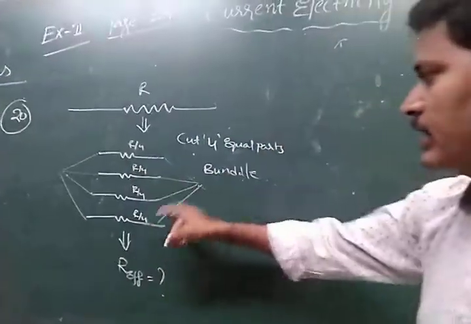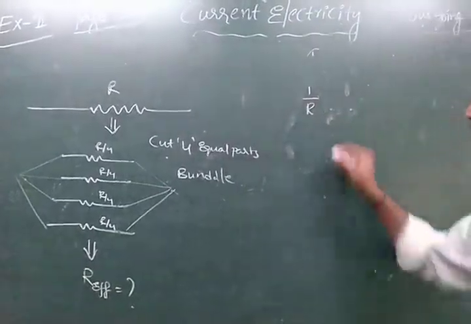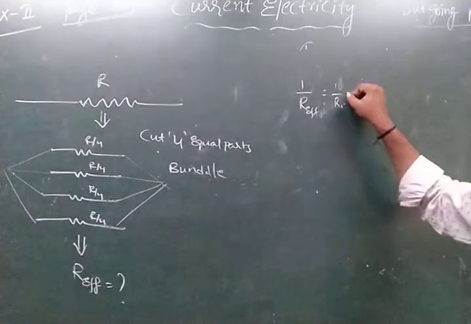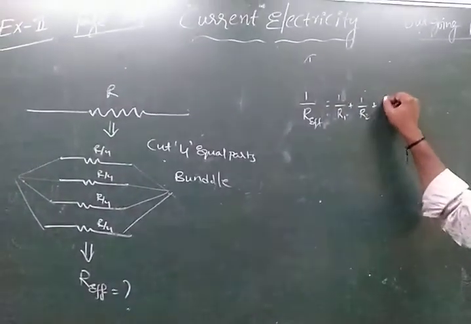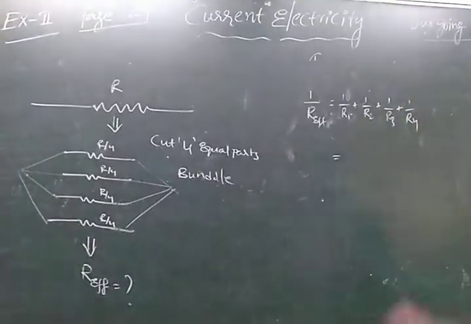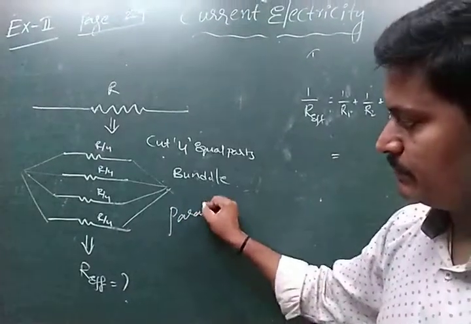When they are connected in parallel, effective resistance is given by 1 by R effective equals 1 by R1 plus 1 by R2 plus 1 by R3 plus 1 by R4. Why? Because it is a parallel connection.